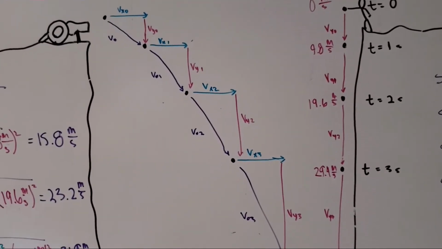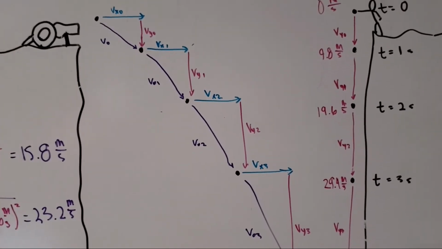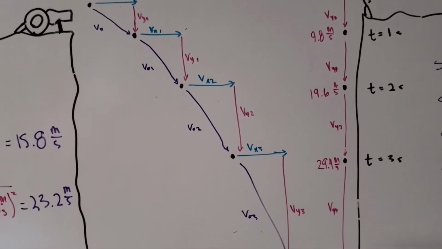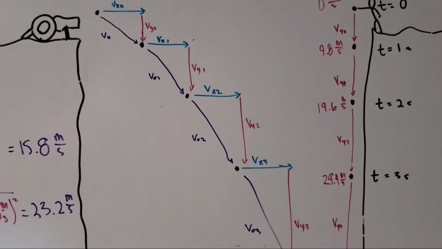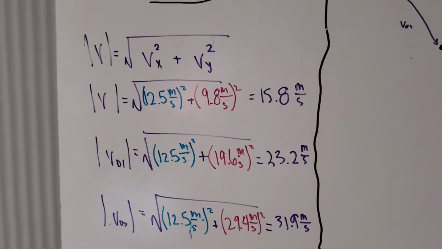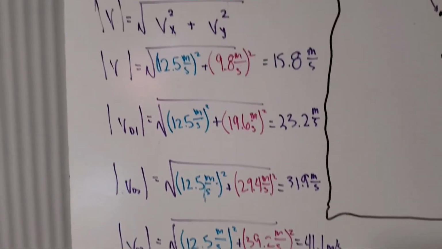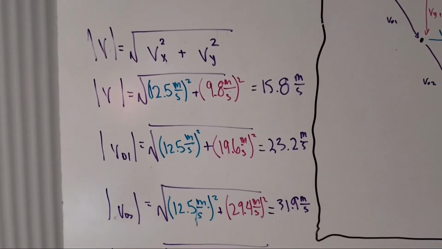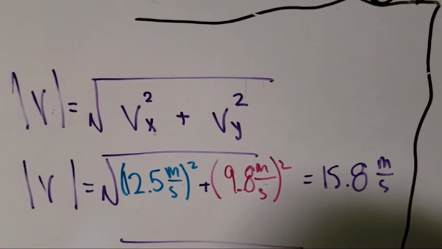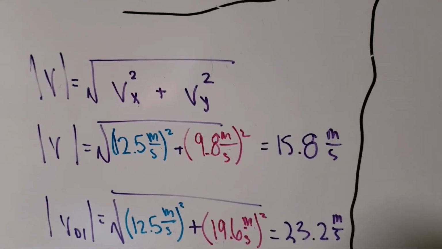Now, we all know from our trigonometry class how to find the hypotenuse of a triangle given the length of the two sides. So we apply the Pythagorean theorem, and we have this series of calculations here, with an x component and y component that make up the equation.